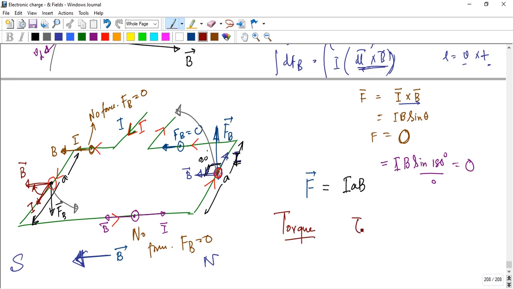The torque tau is a vector product, and the line joining these two points, from the start to the end, is the length.